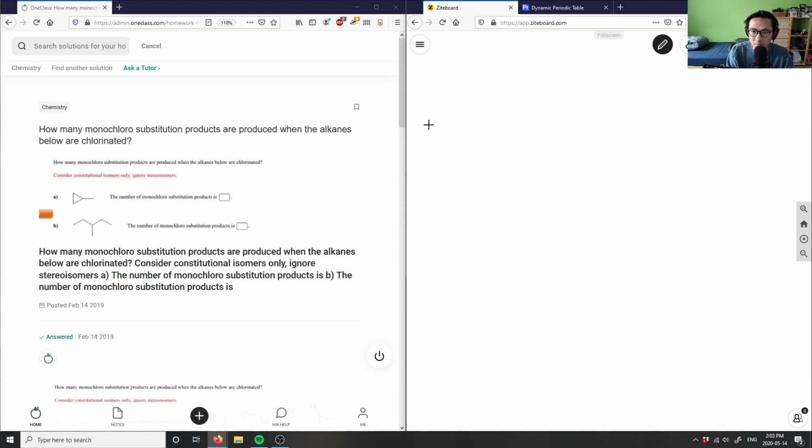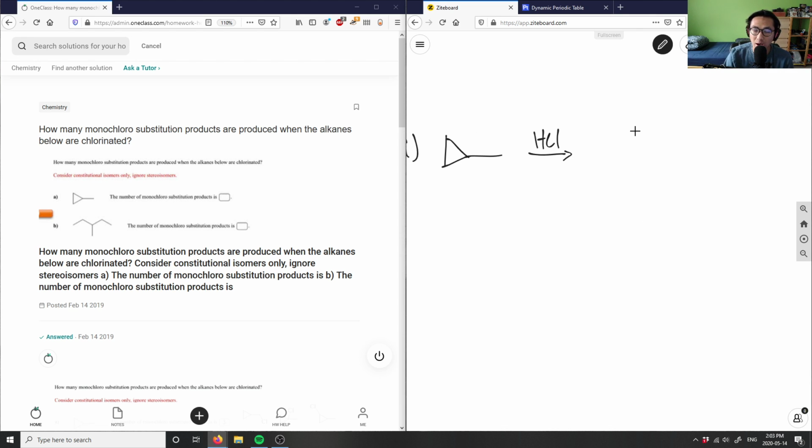I'm going to draw this out and then chlorinate it. I'm specifically looking for a monochloro substitution, so I'm going to react it with HCl, and it's asking us how many substituted products there are. So where can the Cl bind?